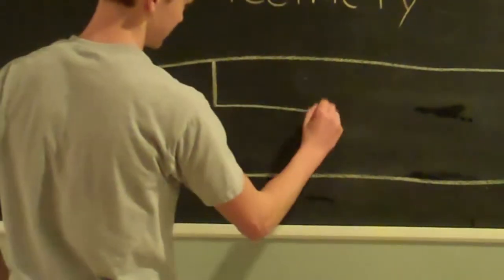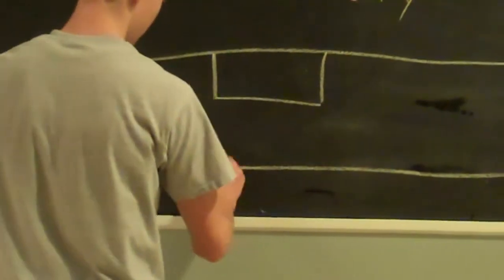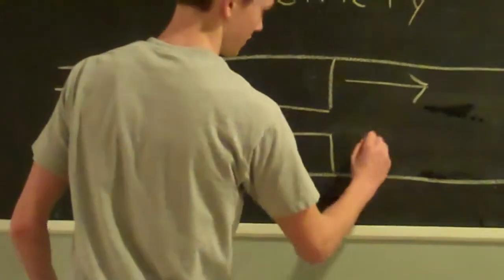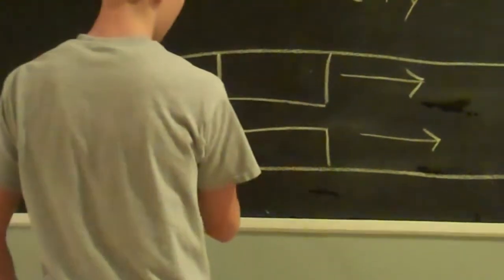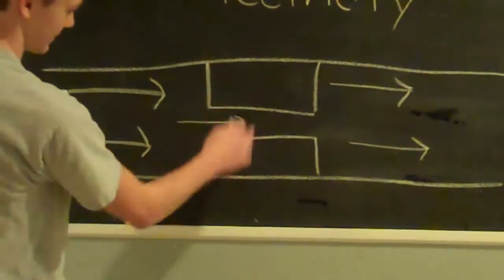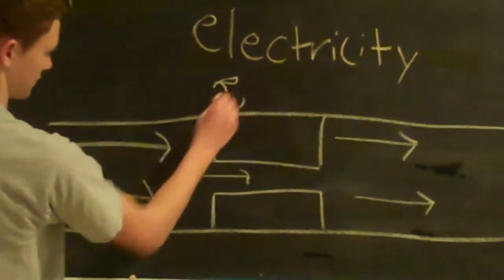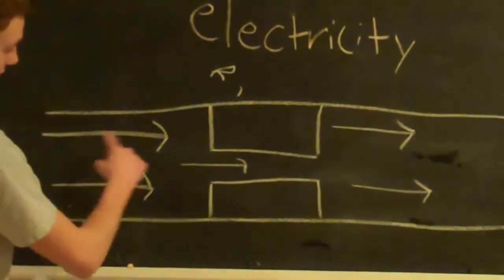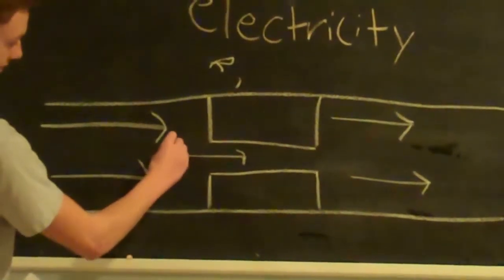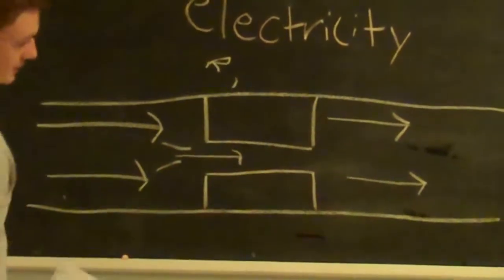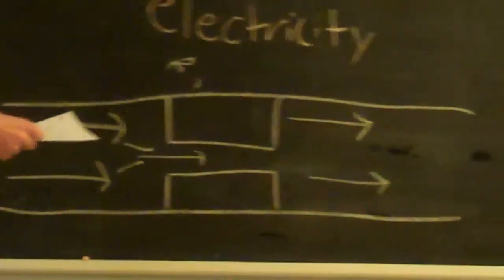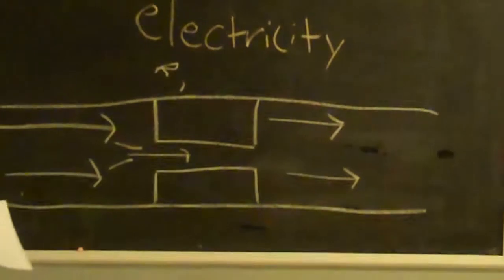The resistance is resisting the flow. So by resisting right here, this is going to be the resistance. It's just going to limit the flow and reduce the flow of electricity.